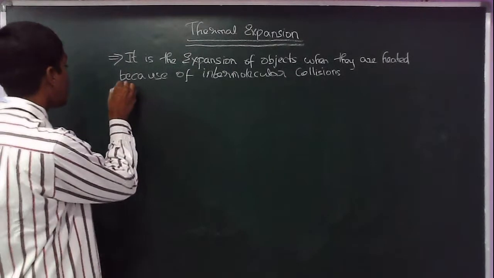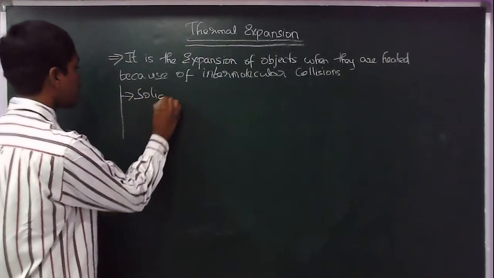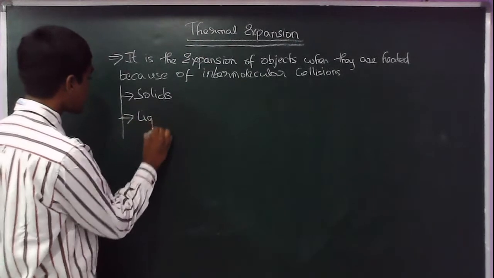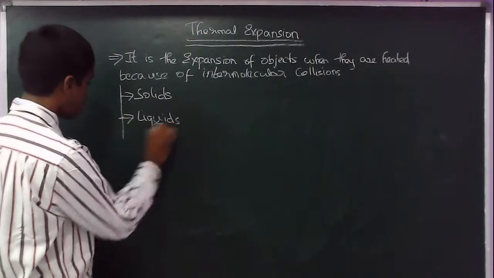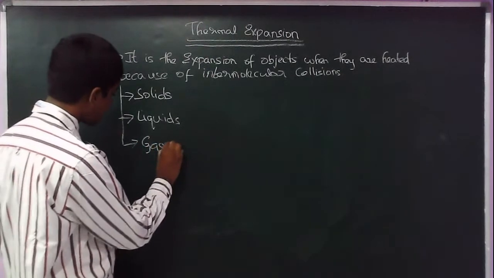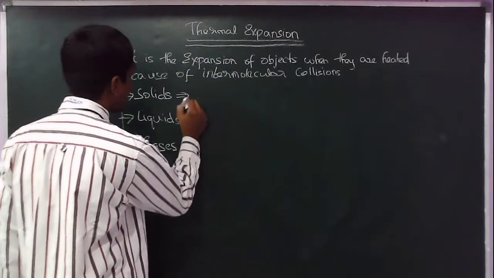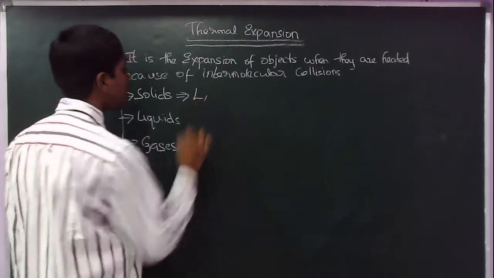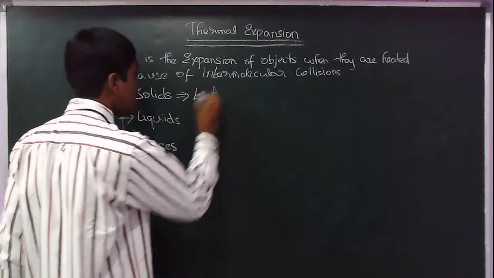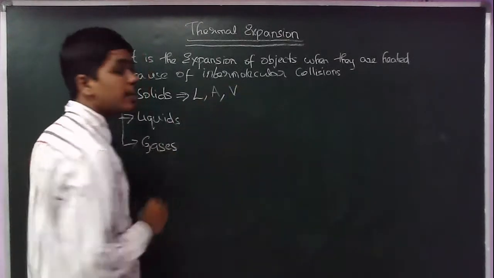Now we have three types of objects, that is solids, liquids and gases. Now we can remember that solids have linear expansion, that means expansion in length, areal expansion, which is expansion in area, and volume expansion.